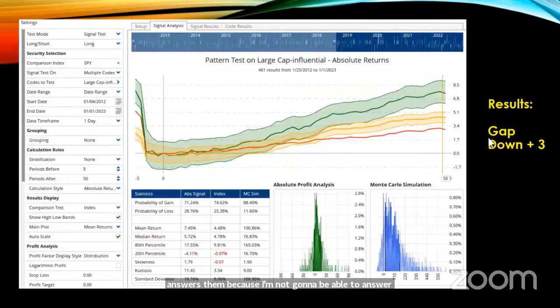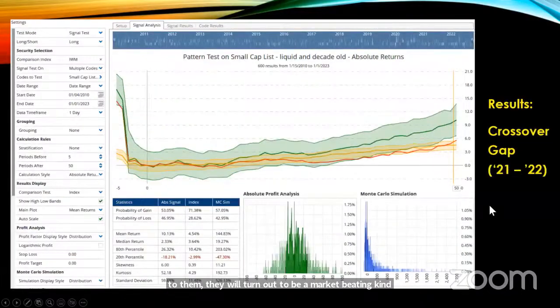But here you can see that if you ride a gap down and you wait 3 days and then you buy into the US stock market, or US stocks at all, then if you hold on to them, it turns out to be a market-beating kind of strategy. Here's one where I wasn't looking at all household names.